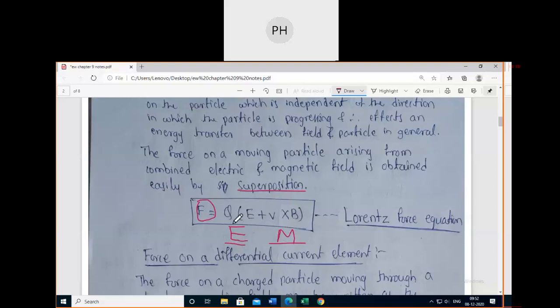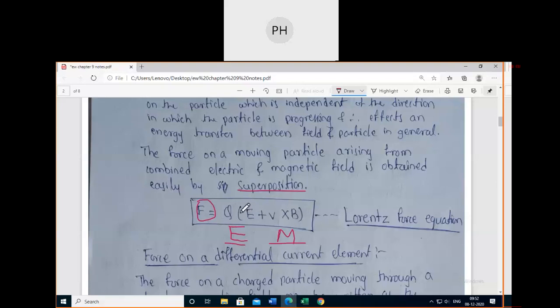Combining both equations, when both fields are there, the force is F is equal to Q into (E plus V cross B).